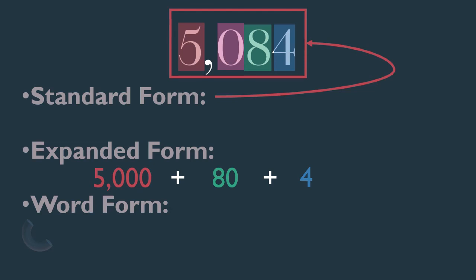And then for word form, I think about how I say this number, 5,084. So I write it out. And remember, you need that hyphen in between the 80 and the 4. You also need the comma. So the comma in the standard form is between the 5,000, or the 5, and the 0. So we need to put that comma after the 5,000 in our word form as well. So here's my standard, expanded, and word forms of 5,084.